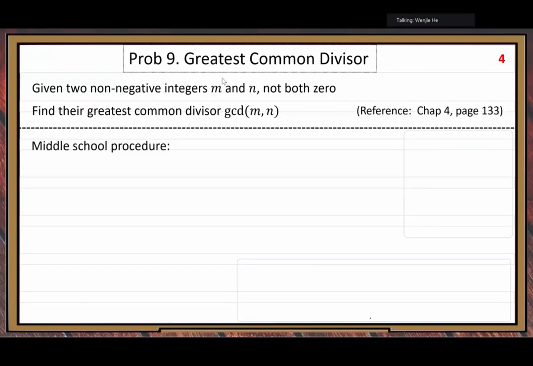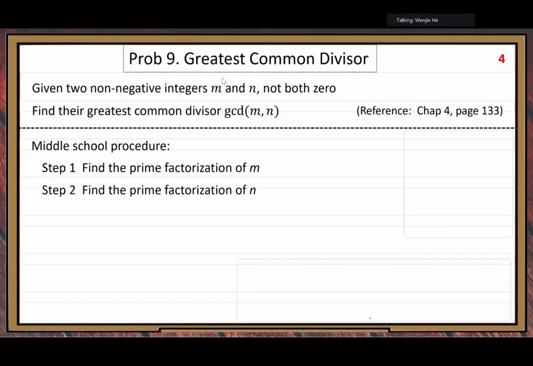Middle school procedure. Let's recall, you know how to calculate. Step 1, find the prime factorization of m. You can do prime factorization, right? Step 2, find the prime factorization of n. Step 3, find all the common prime factors.